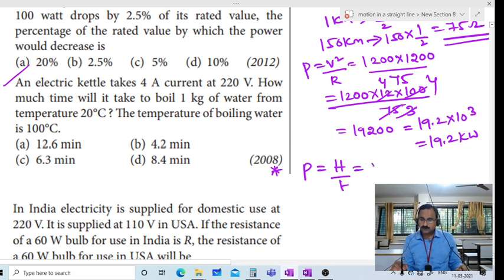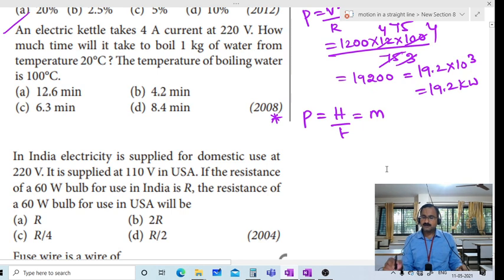That is equal to m c delta T, with specific heat. This we know.